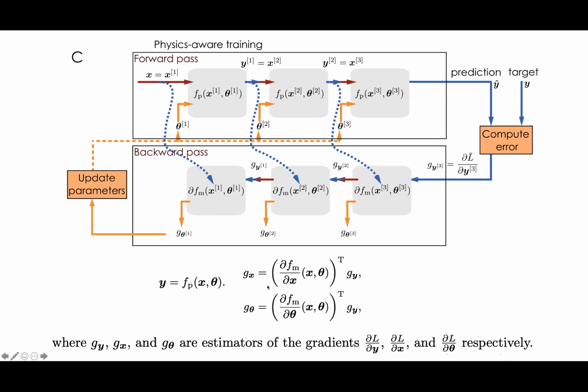If this is a one layer stuff, then partial L partial y can be calculated analytically. But for partial L partial x, ideally you should do partial f_p, the physical model, partial x, but you don't know that, so you replace f with a model. So that is actually an approximation. So partial L partial x is always an approximation. So is partial L partial theta.